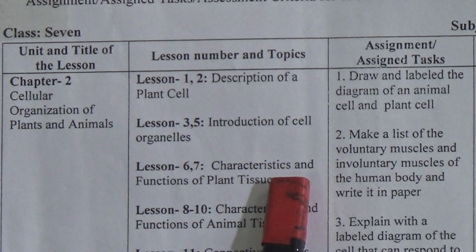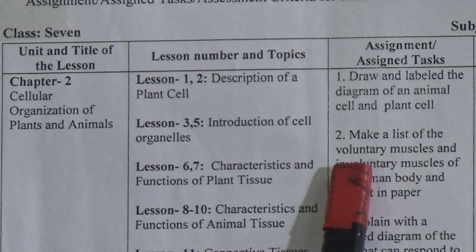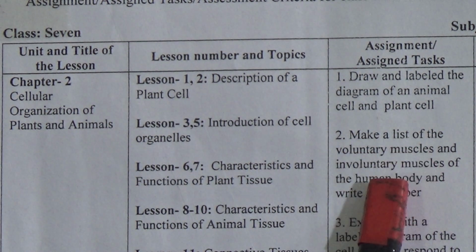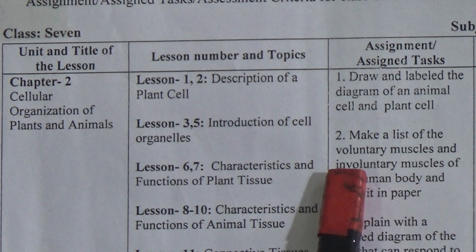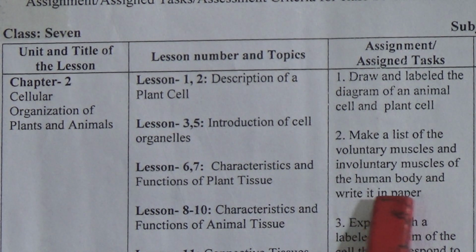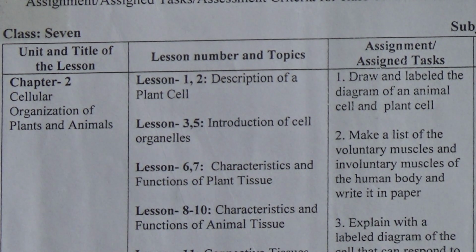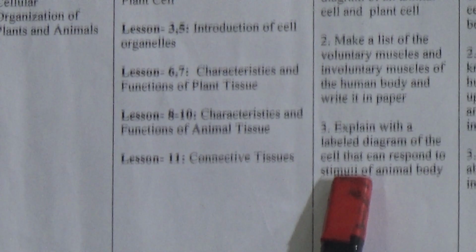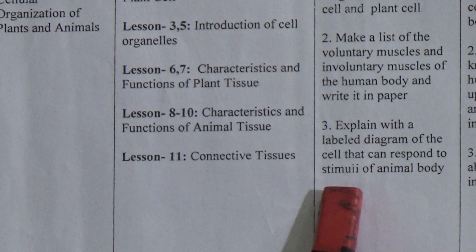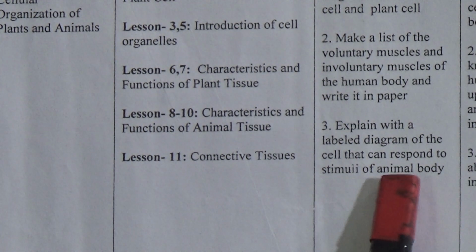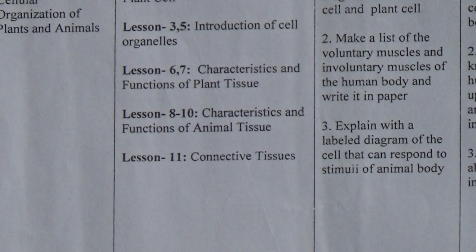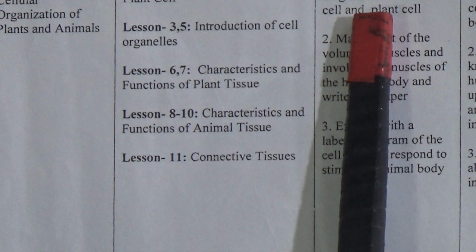Question 2 is make a list of the voluntary muscles and involuntary muscles of the human body and write it in paper. Question 3 is explain with a labeled diagram the cell that can respond to stimuli of the animal body.